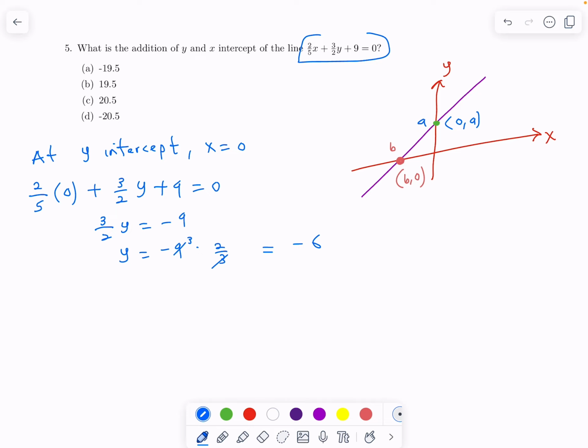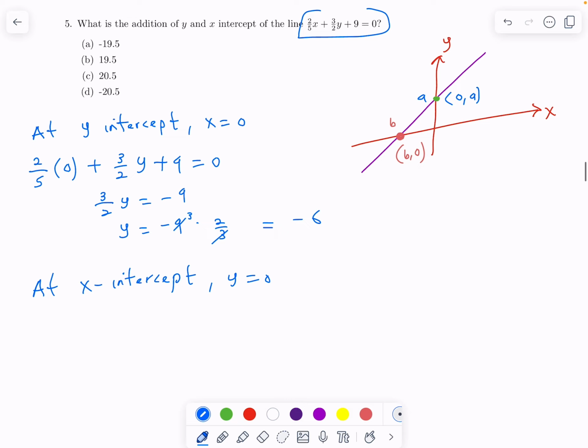So now let me find the x-intercept. At the x-intercept, y is also going to be equal to 0, right? So I'm just going to plug y equals 0 into that equation.